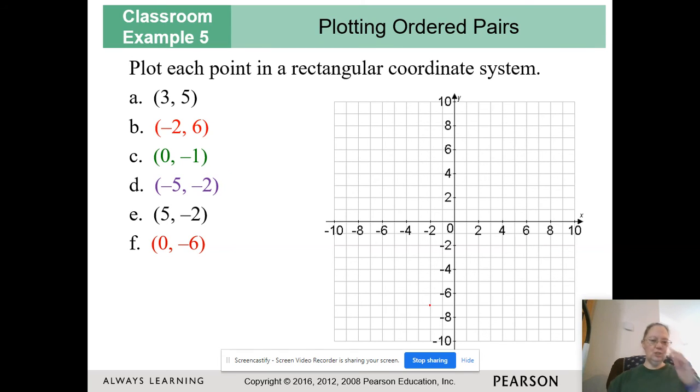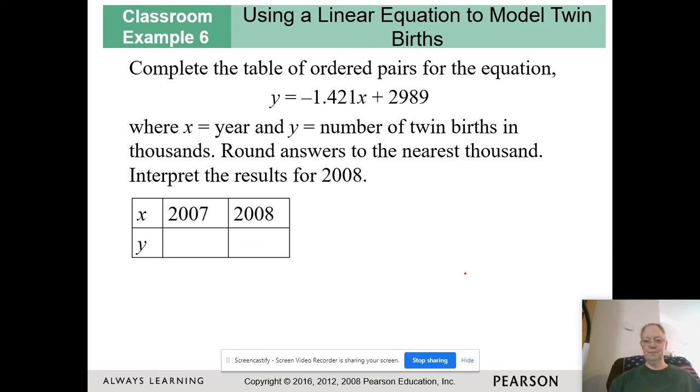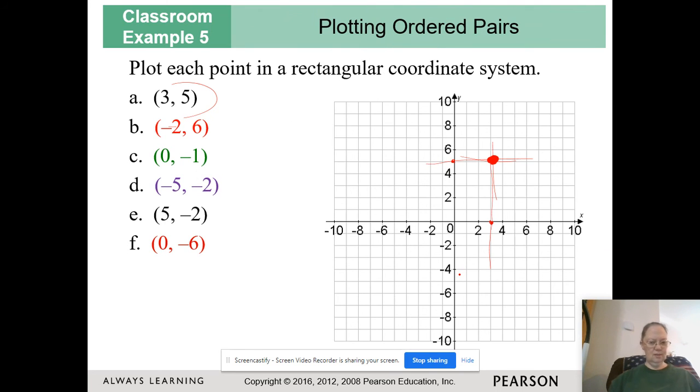I occasionally will get a student that will put a point at 3, 0 and at 5, 0 to indicate the point (3, 5), and that is incorrect. It's where these intersect right there that gives us the point (3, 5).